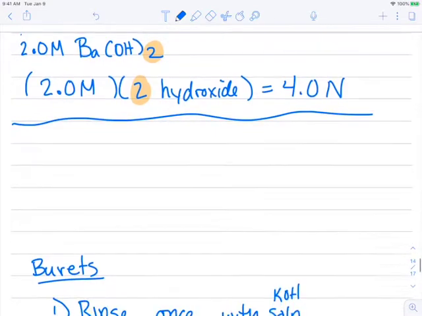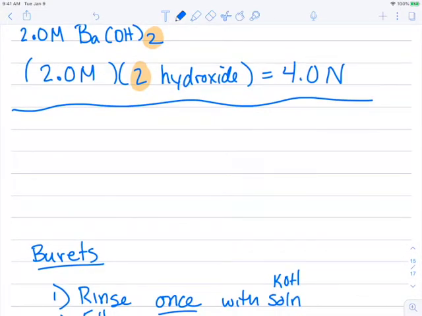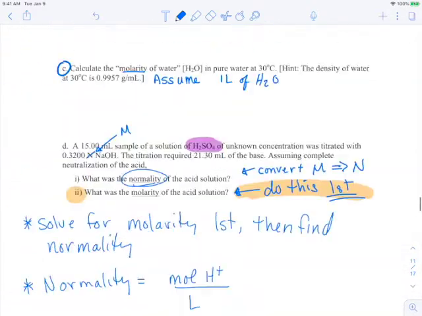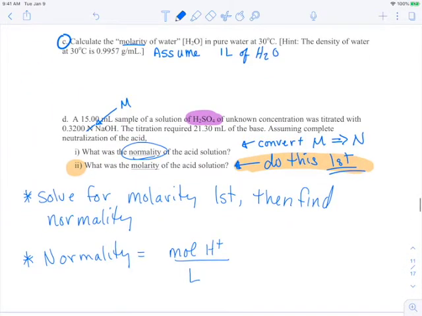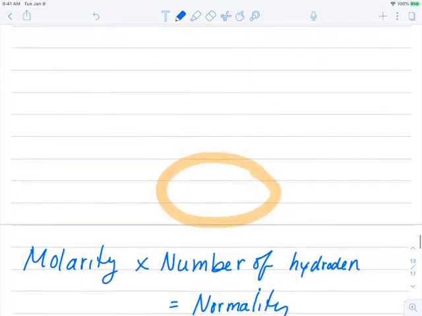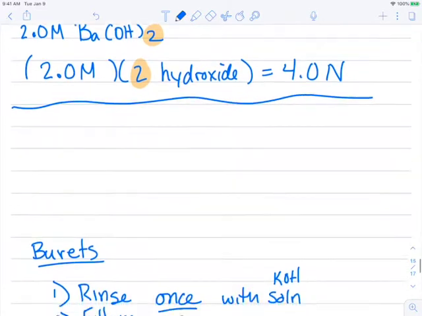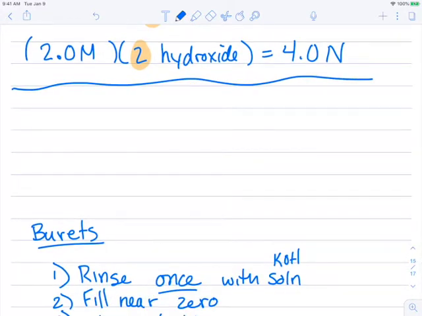All right, I want to do one more, and that is the one we were looking at way back here. Here was NaOH, and I crossed out that normality and wrote molarity because they are the same, but they are the same only for things like NaOH or HCl. So let's say I have 5 molar NaOH.